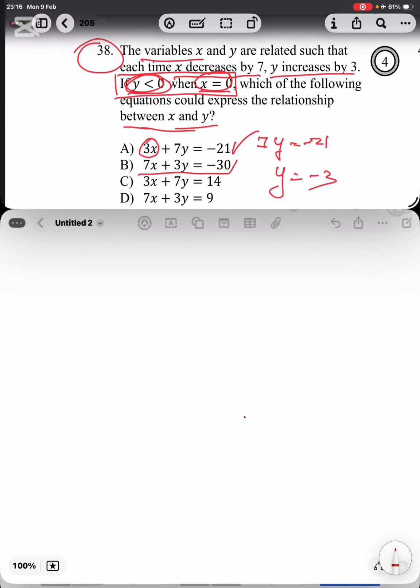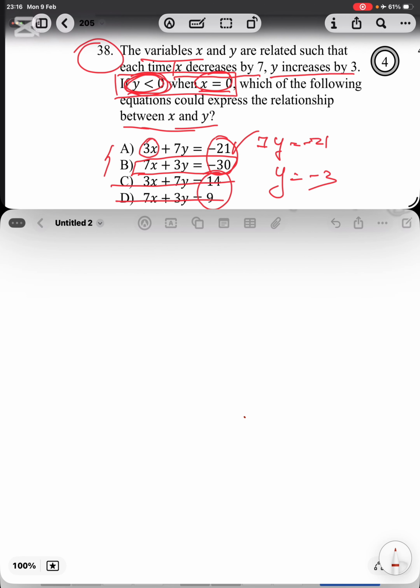Also, the next one is going to be the same as this one, right? Minus expressions can be accepted because the y is going to be less than 0. But as you can see, these 14 and 9 are going to be positive expressions. In this case, we can simply eliminate choices C and D. But as you can see, we are given 2 points. In this case, what do I have to do?